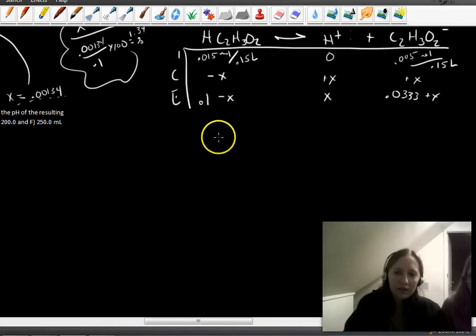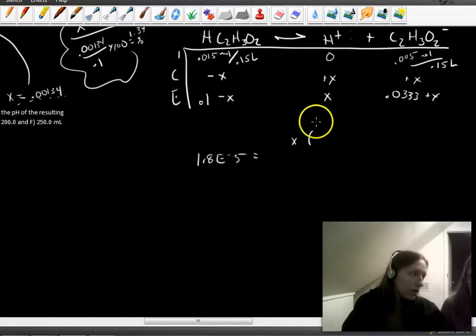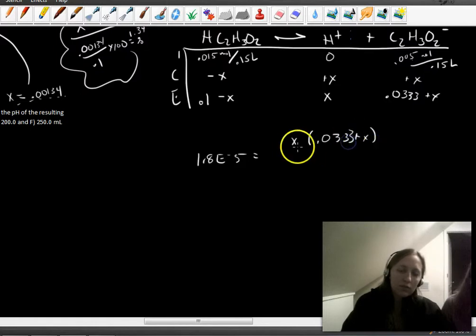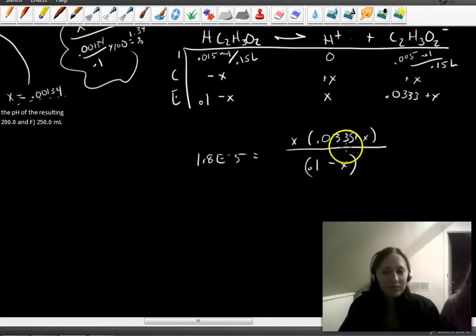So what you have is, again, this is acetic acid, so it's 1.8 e to the negative 5 equals x, and this is the case in which it's not x squared. You're running across x squared a lot, but not here. X times 0.033 plus x, well, several threes, over 0.1 minus x. We get to drop some x's, which is nice.